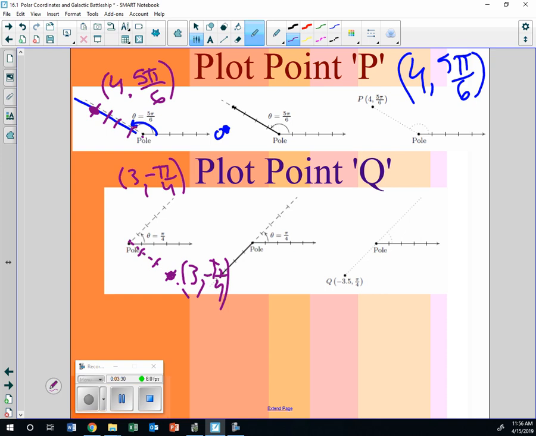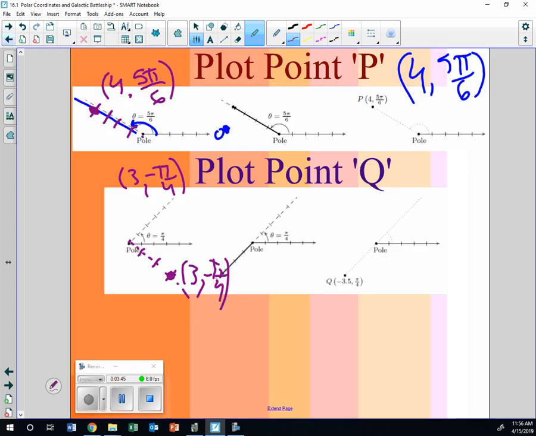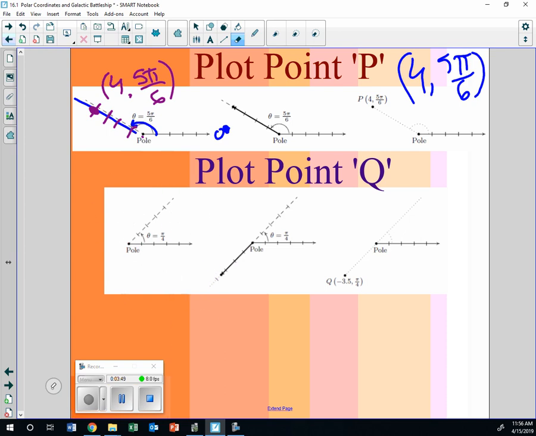But there's more yet. What if r was negative? Well, that doesn't even make sense. How can the r be negative? But let's say I have a point negative 3.5, pi over 4.